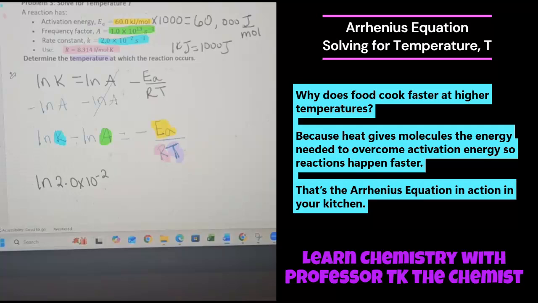Natural log of 2.0 times 10 to the 12th minus the natural log of 1.0 times 10 to the 13th equals 60,000 joules per mole on top, divided by 8.314 joules per mole Kelvin times the unit you are looking for.